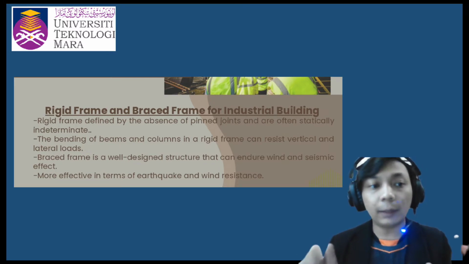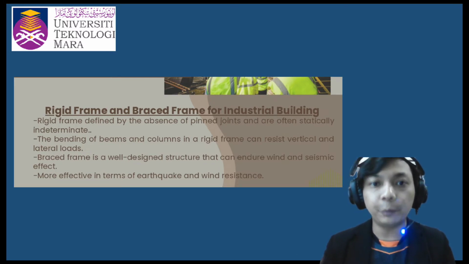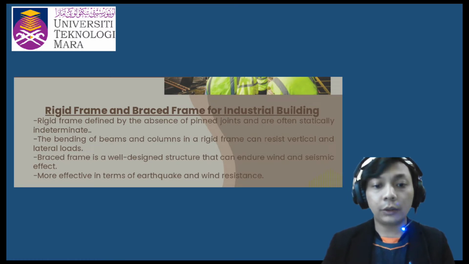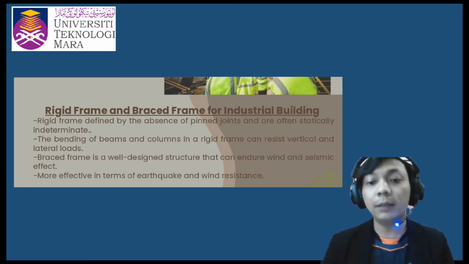So this type of frame is more effective to build in those countries, as it can resist this type of natural disaster. Pin connections are used to link beam and column.